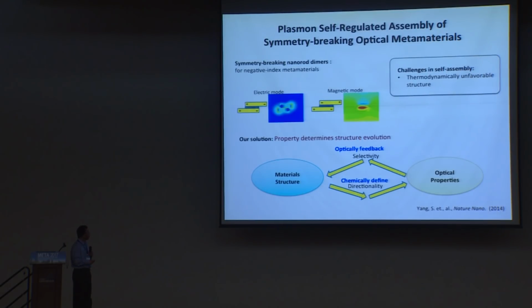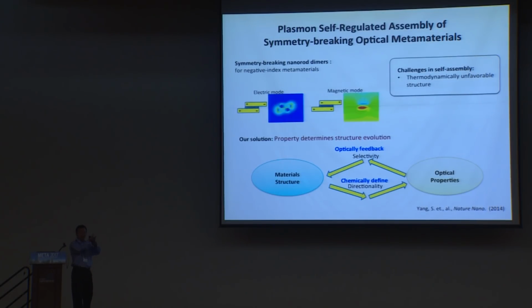So we want to use a material structure with chemically defined directionality. Namely, they can form such a structure with a small probability. Most of them are head-to-head, toe-to-toe. However, once they form such a structure, it has optical properties. They have a resonance. In this case, there's a specific resonance corresponding to this structure.